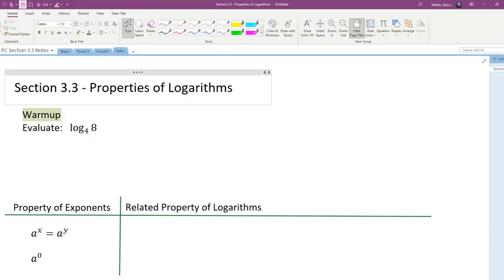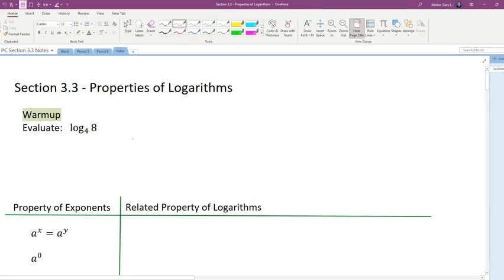All right, when looking at log base 4 of 8, the correct way to handle this would be to first start by probably thinking of it as an exponent. So this is basically saying 4 to what power is equal to 8. Now, if you think about this, there's probably a couple of ways of doing this.